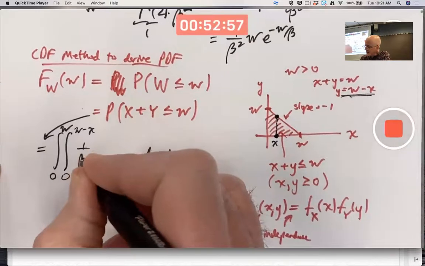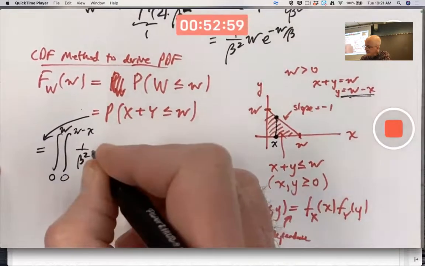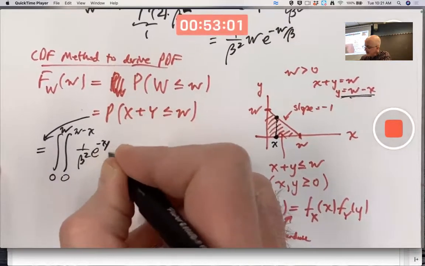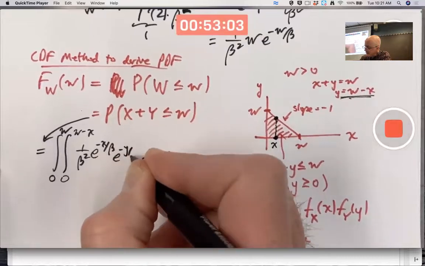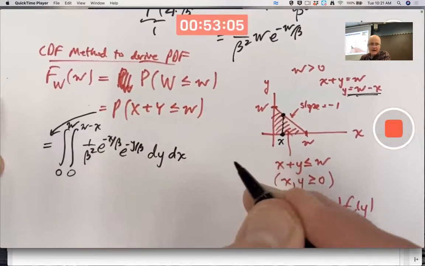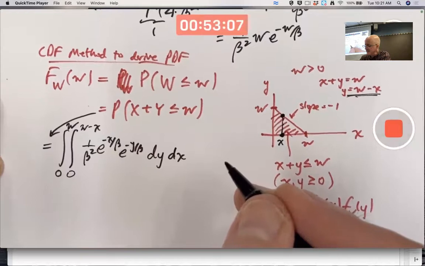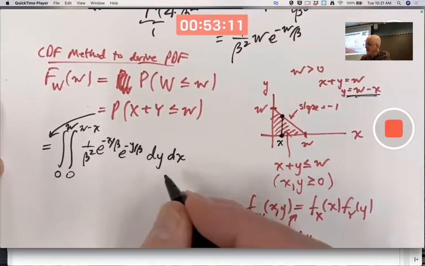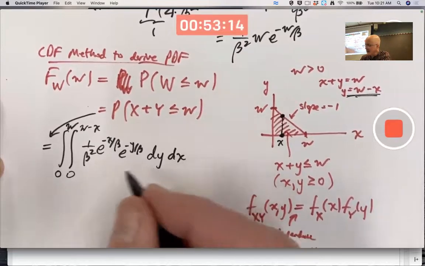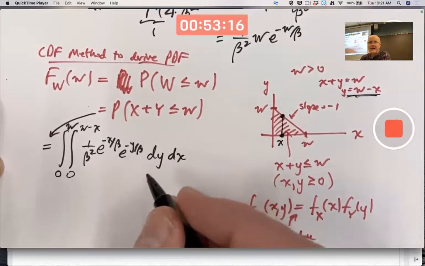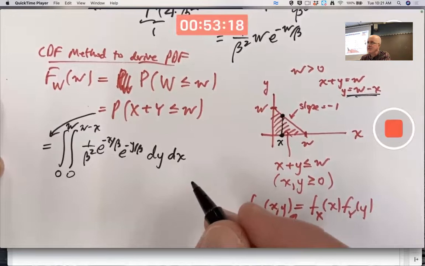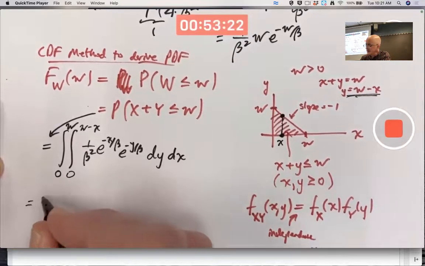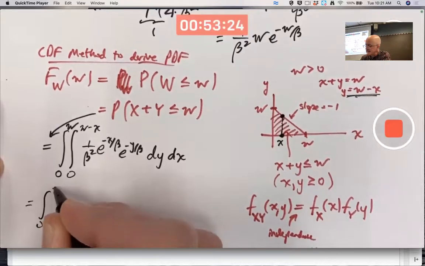One over beta squared e to the negative x over beta, e to the negative y over beta. If I do this double integral, that should be the CDF. And before we do it, just realize, in the end, the x and y are going to go away. They're going to be integrated away, and you're going to be left with something that only depends on W. Do the inner integral first, leave the outer integral as is.